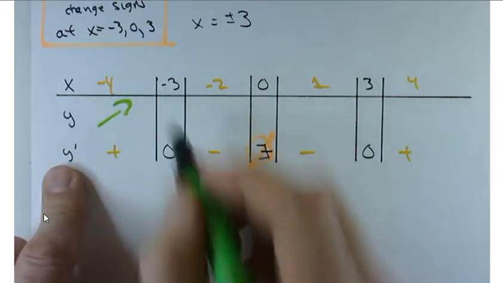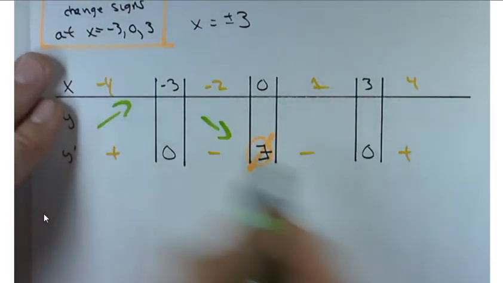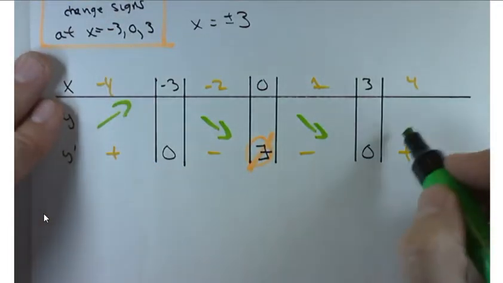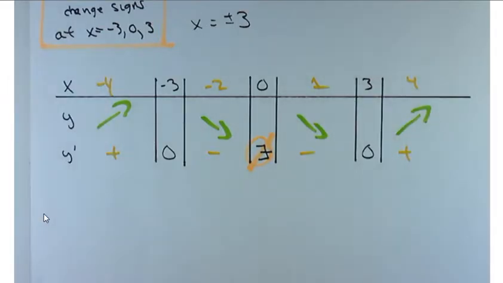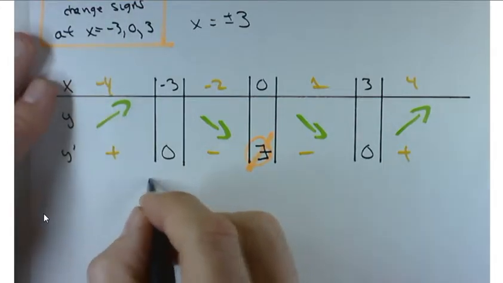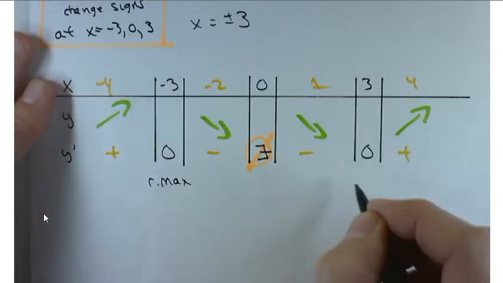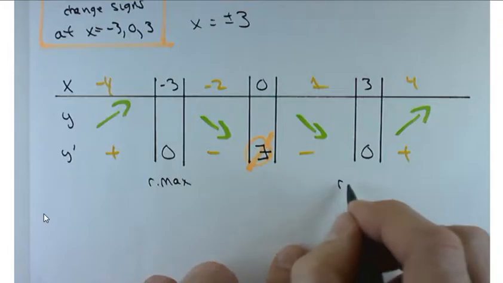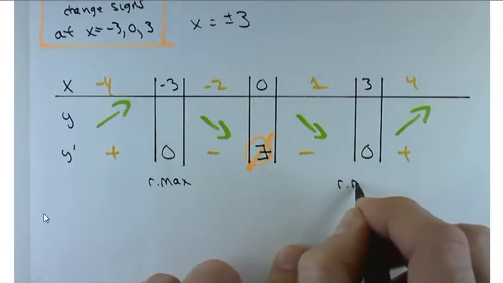Yeah, it's increasing, decreasing, decreasing, and increasing. So what kind of a point is 3 going to be? Yeah, 3 is going to be a relative maximum. And then this is going to be a relative minimum.